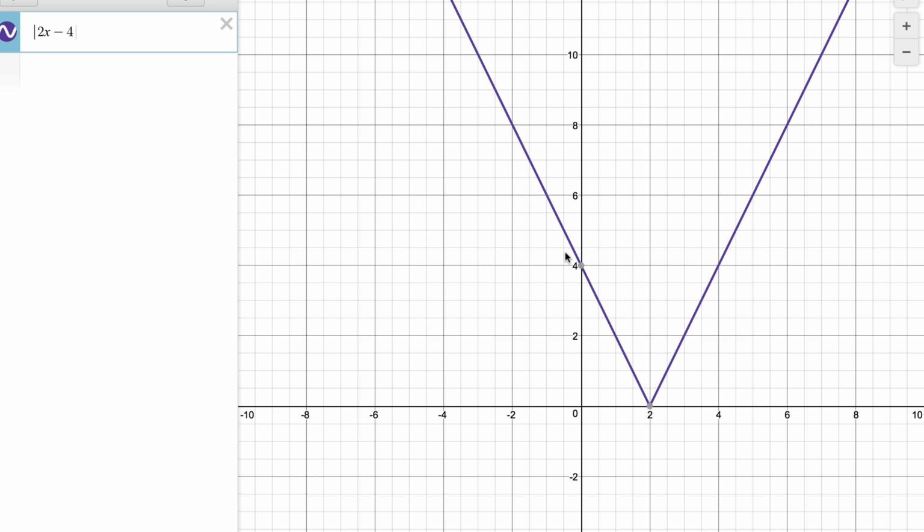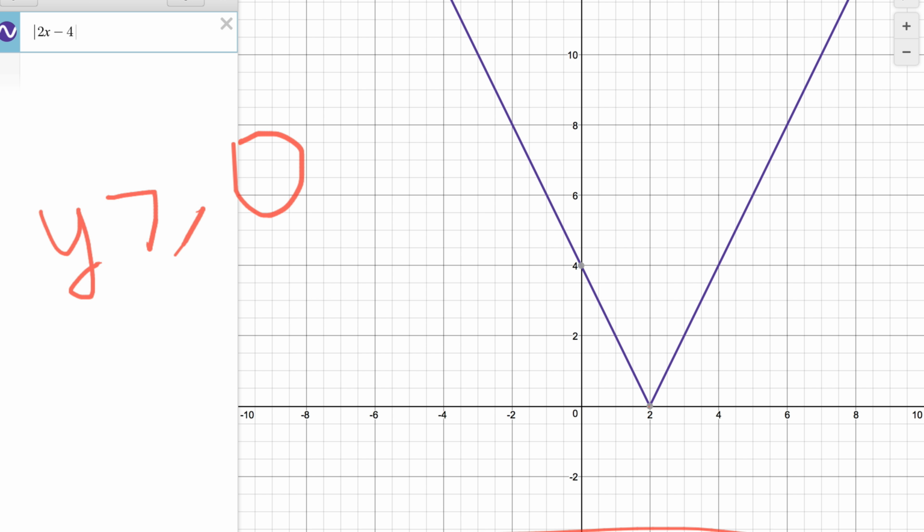Like, could y be 4? Yes, y could equal 4, right? That wouldn't be a problem. Y does equal 4. Could y equal negative 4, though? No, it can't. Y is capped at 0. So the domain then would be that y always needs to be greater than or equal to 0, right? That's the cutoff point. Y can't be anything that's less than 0.